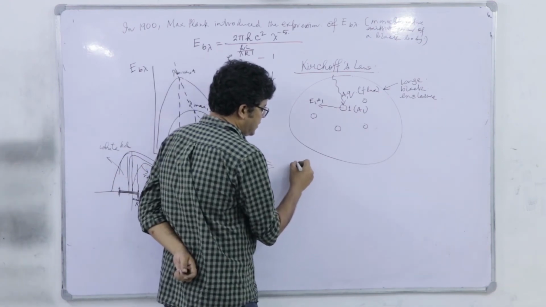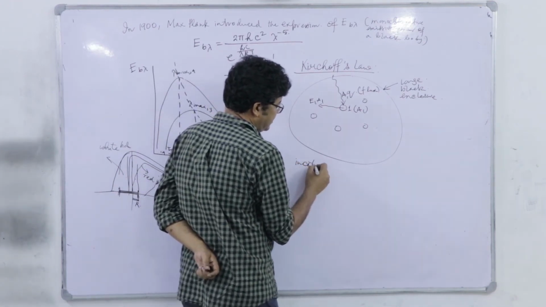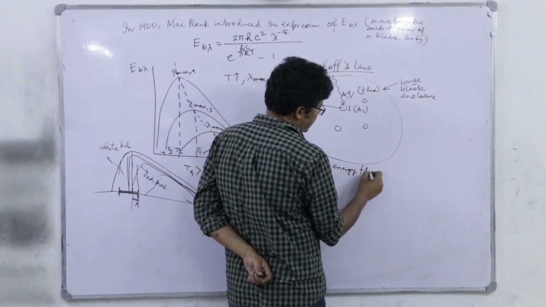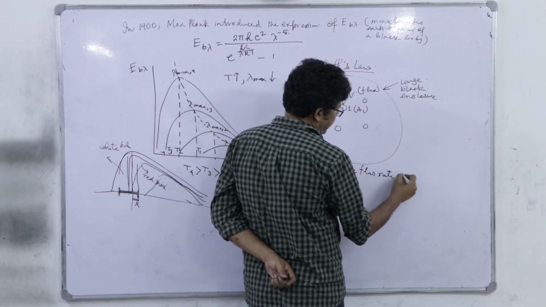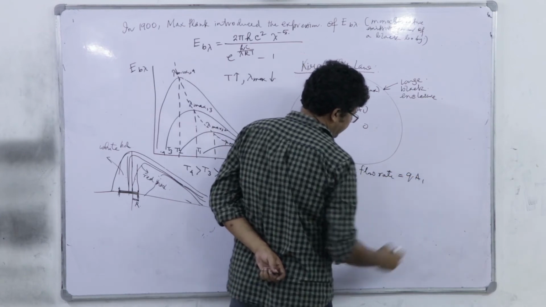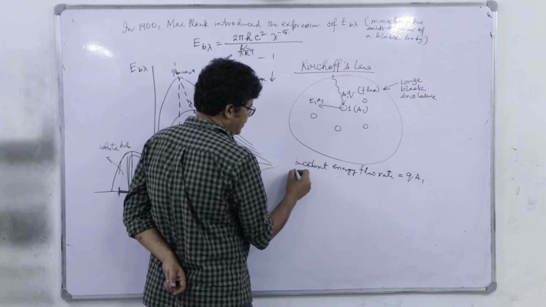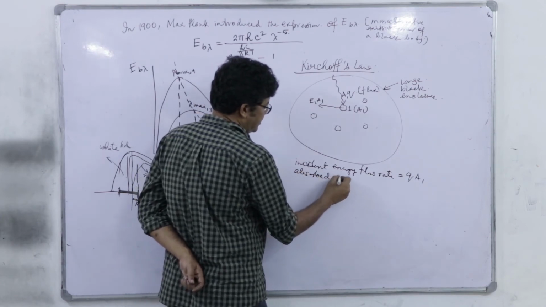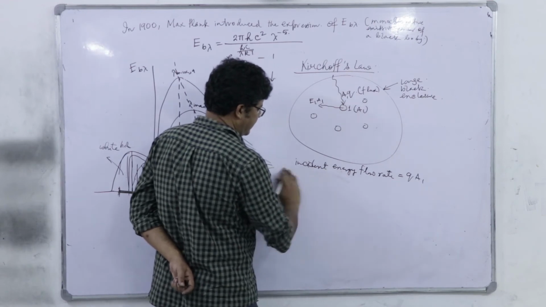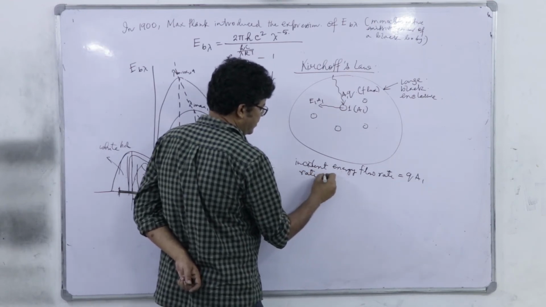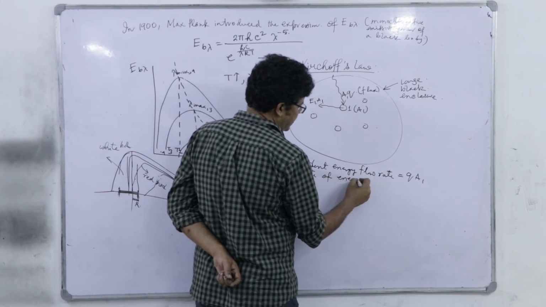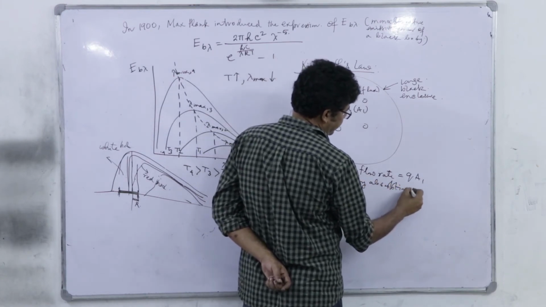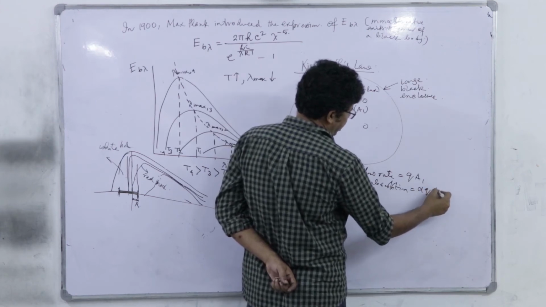So, incident energy flow rate is Q into A1. Next, absorbed energy, or rate of energy absorption, is alpha into Q into A1.